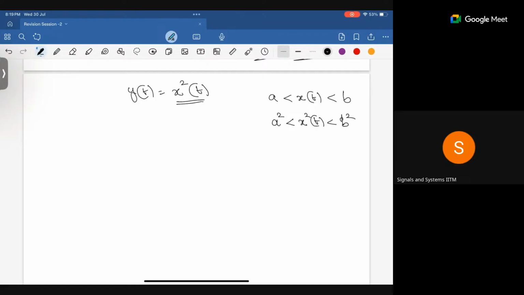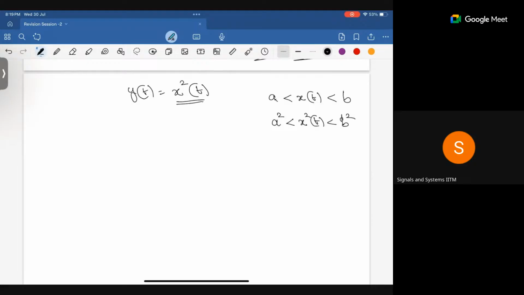It depends upon the interval. Okay, so if a and b are positive, it is very straightforward to see. Even though a and b are negative, we can say it will lie between the squares of the absolute values of whichever is bigger.